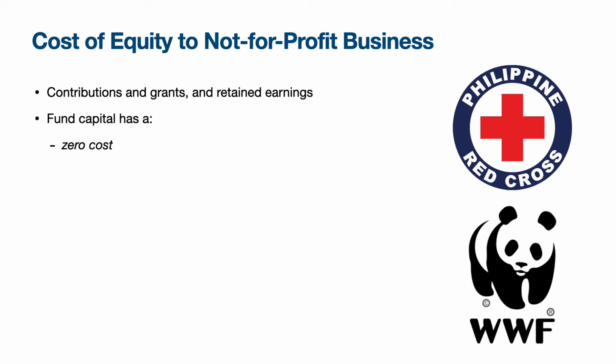Number 1 is fund capital has a zero cost. Since this is a not-for-profit business, contributors and stakeholders, especially the patients and insurers, do not expect monetary return on their contributions, nor do they require an explicit return on the capital retained by the firm.